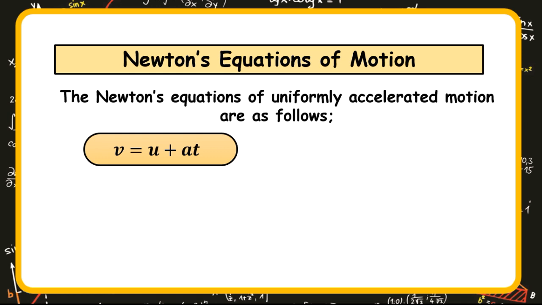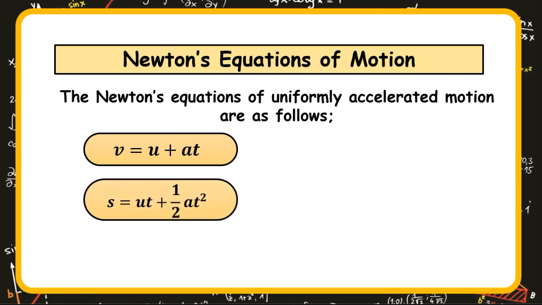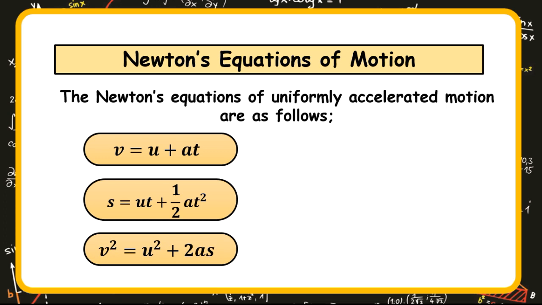The first one goes like v equals u plus at. The second, s equals ut plus half at squared. Then the third, v squared equals u squared plus 2as. So my happy scholars, these are what we refer to as Newton's equations of motion.